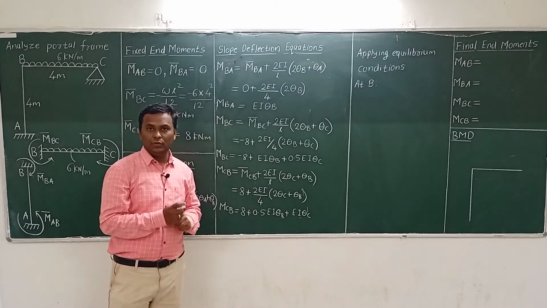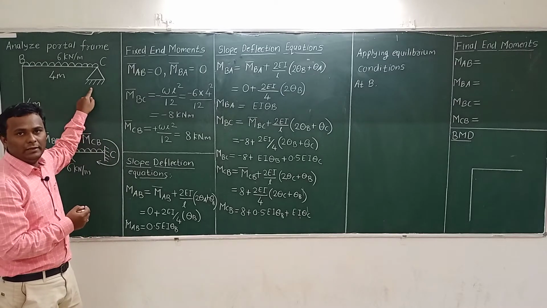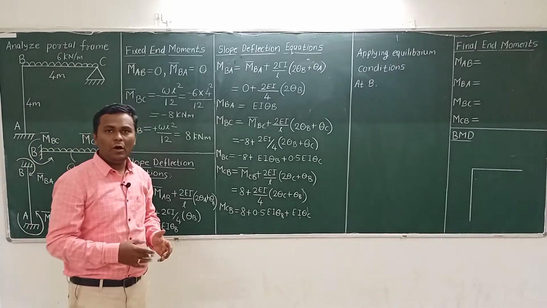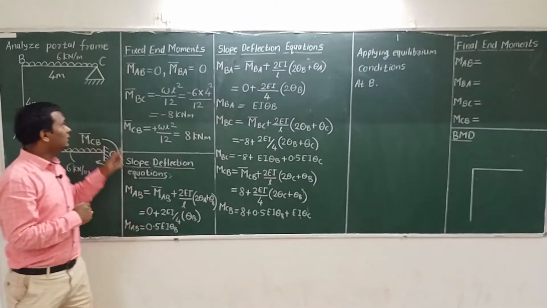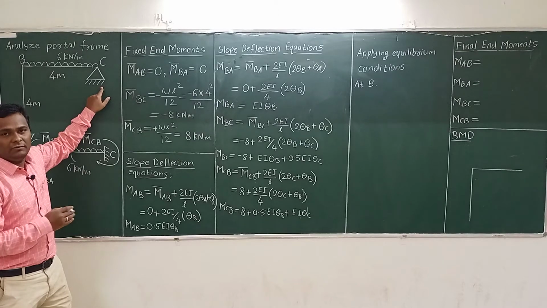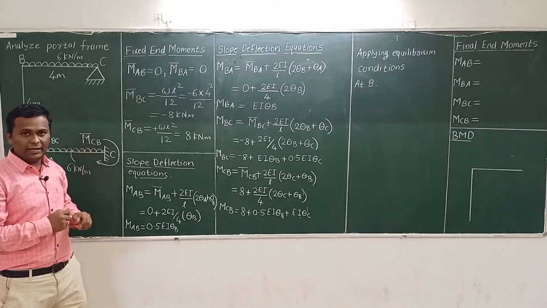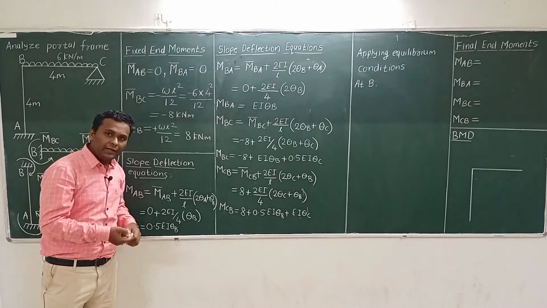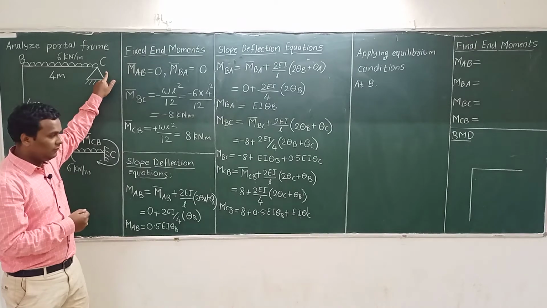Now one thing we should know: when we have a simply supported end in a continuous beam or a portal frame, we always have to remember that the bending moment at this simply supported end will always be 0. So if the bending moment at this simply supported end is 0, the respective end moment at this particular point will also be equal to 0.